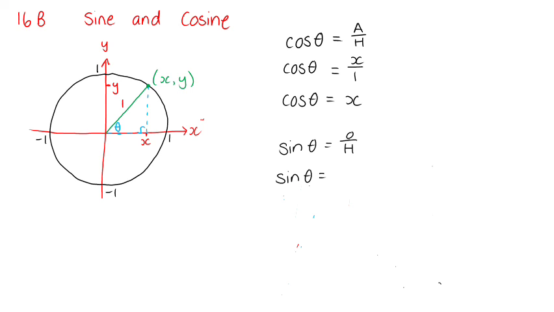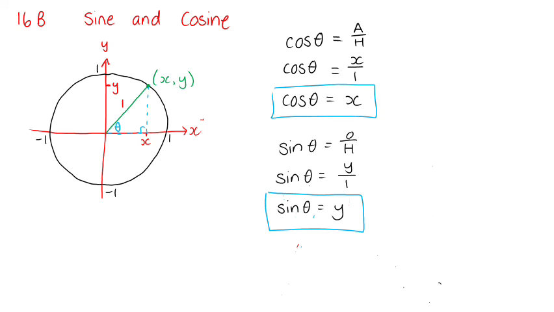So therefore, we've got our y over 1, so sine theta equals y. Right, so super important that you remember those two things. Sine theta equals y and cosine theta equals x.